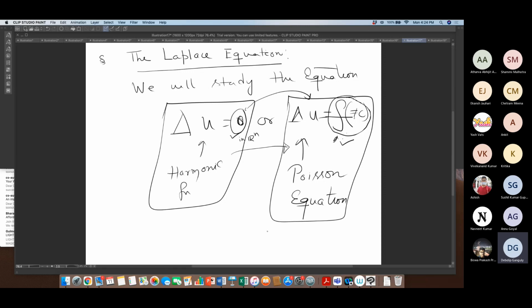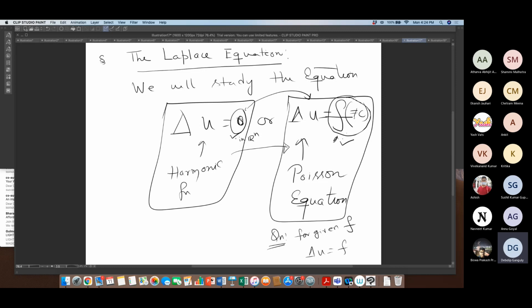First question you should ask is whether, for any given f, f is given, this is a source term, for any given non-zero f, Laplacian of u equal to f is solvable. That means, does there always exist a u such that Laplacian u equal to f? This is the primary question you should ask.